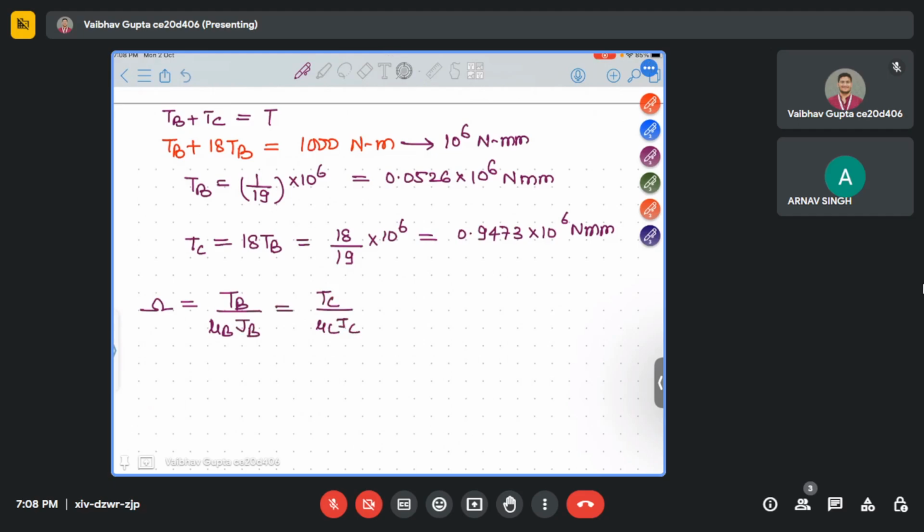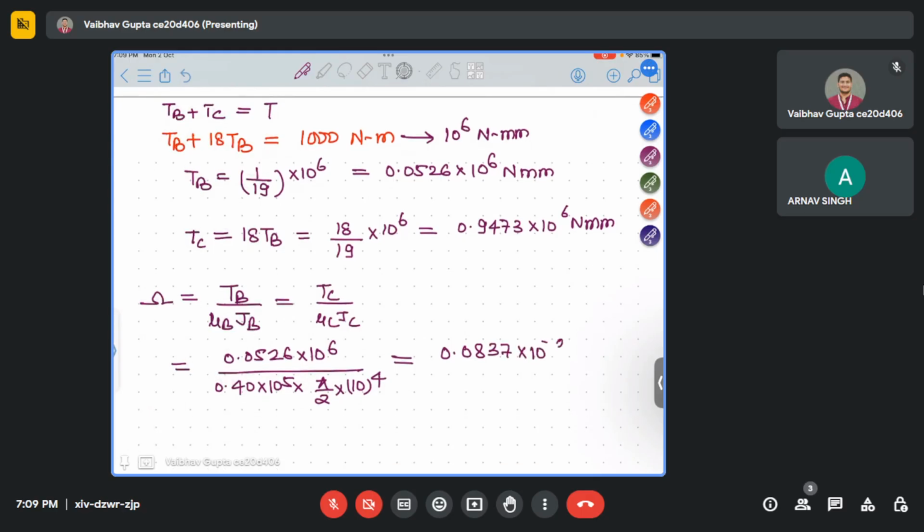So I'll use the first one: 0.0526 into 10 to the power 6 upon mu b, which is 0.40 into 10 to the power 5, and JB is pi by 2 into 10 to the power 4. If you calculate, you will get 0.0837 into 10 to the power minus 3 radian per mm. So this is the angle of twist.